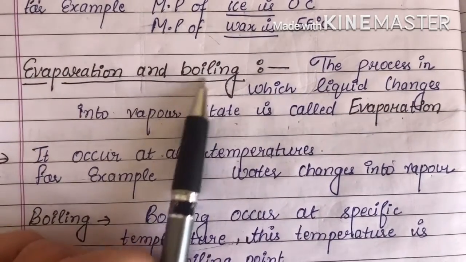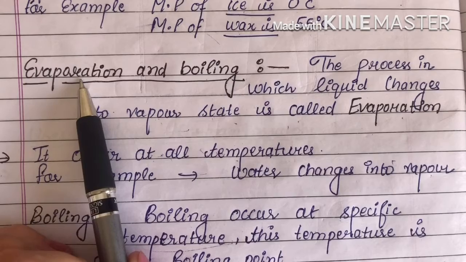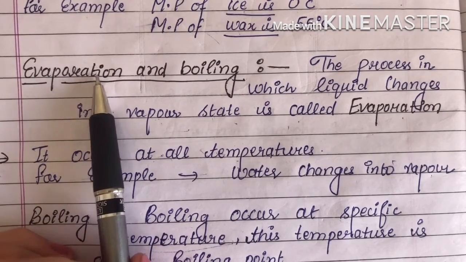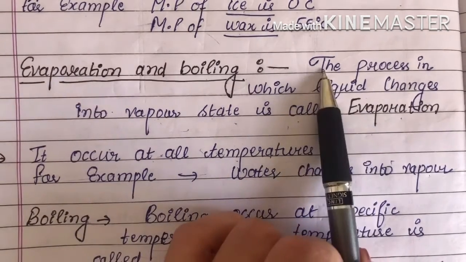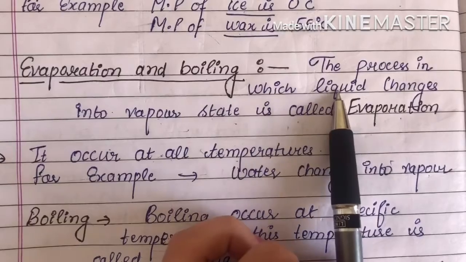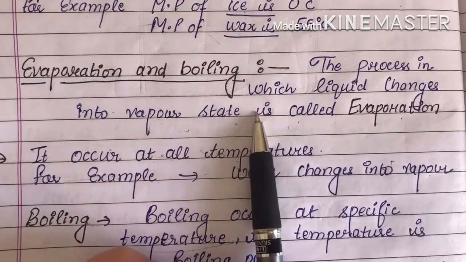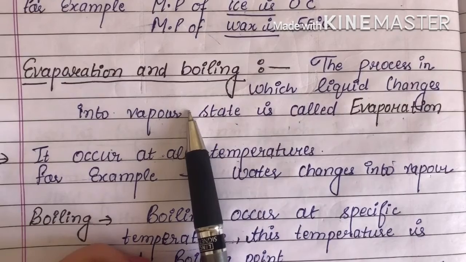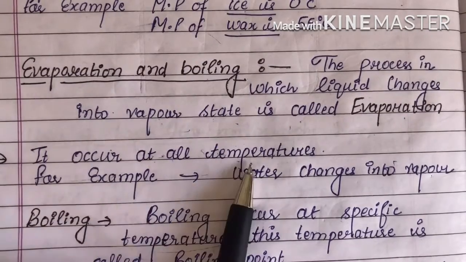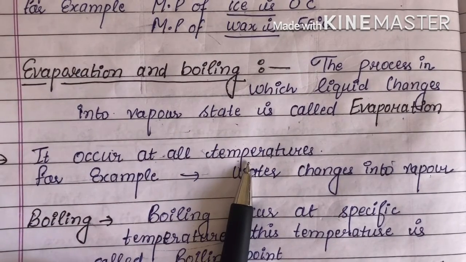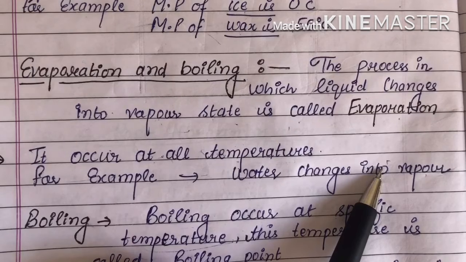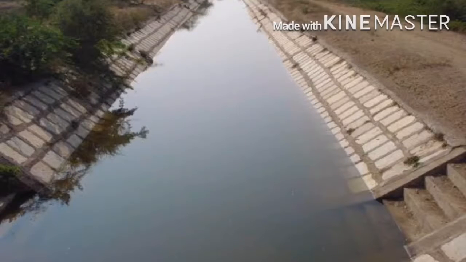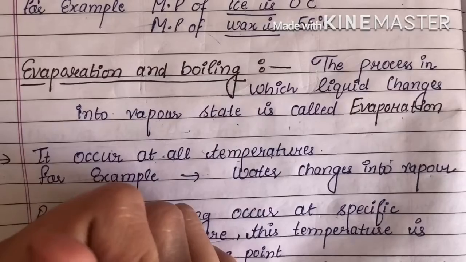These are the same processes, but there is a little bit of difference between them. So we can see the process in which the liquid changes into the vapor state, that is called evaporation, and it occurs at all temperatures. Like water changes into the vapor. You can see the water level reduces in case of lakes and rivers in summer.